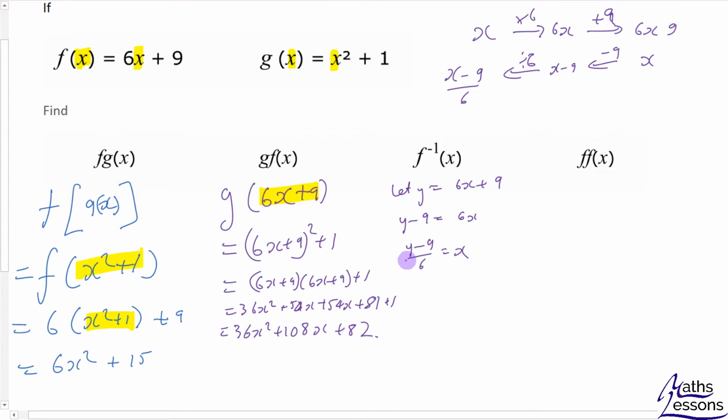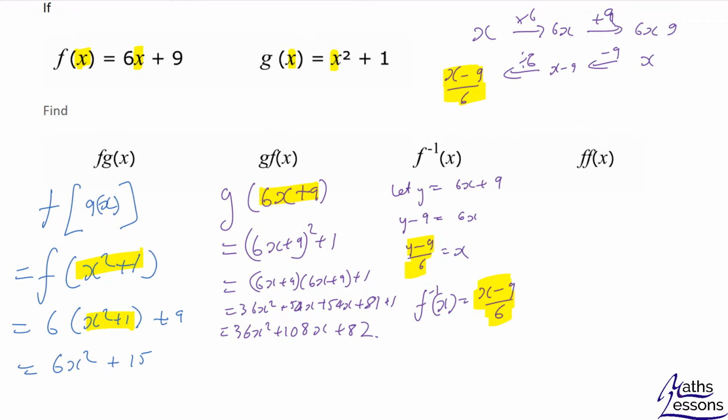So what I'm going to do is take this bit and replace it with x, and we get (x minus 9) over 6, just like we did up here. So you can see both methods give you exactly the same answer. But remember, it's f minus 1 of x, so x must be in the inverse function when you finish.